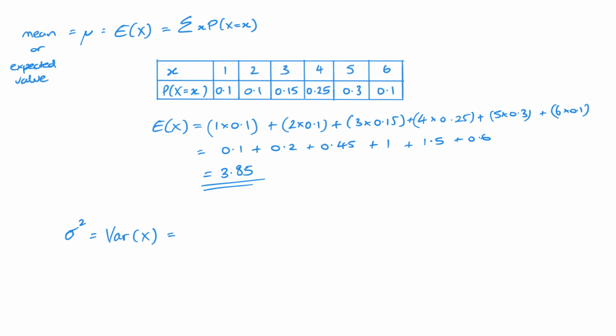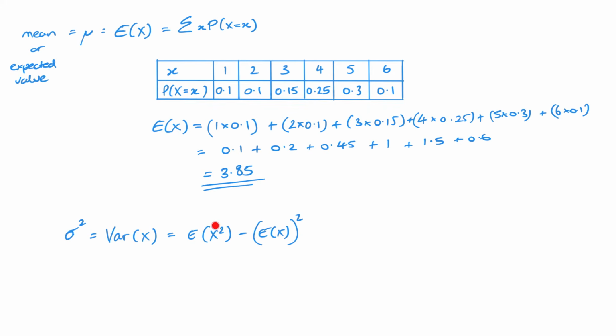This has an equivalent form, which is E of x squared minus E of x, squared, like so.